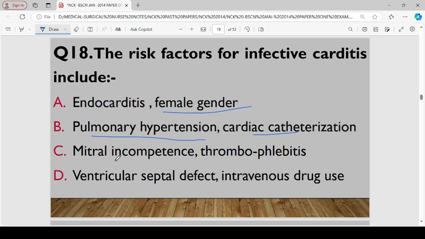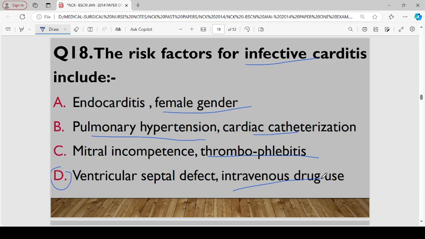Mitral incompetence, yeah, but thrombolysis, rarely. The best option here is the mixing of blood from the right to the left, and also intravenous drug use are the major risk factors for infective endocarditis. In fact, intravenous drug use is the most common cause of this one, because it introduces so many microbes into those tissues.